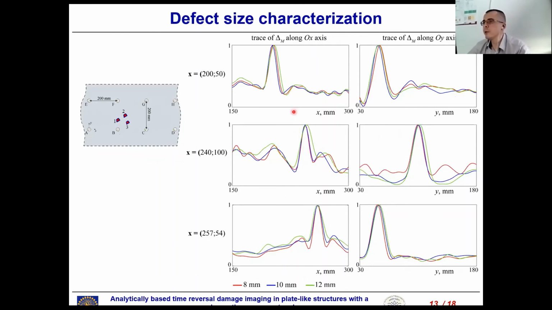So when comparing, for example, the green curve, which is for 12 millimeters, and the red curve for 8 millimeters, we can see that this is definitely a thicker or wider area here. And the same situation is observed for almost all the locations. However, it should be noted that judging between 8 and 10 millimeters is quite an issue. For example, here or here, you can see that these curves are almost the same.